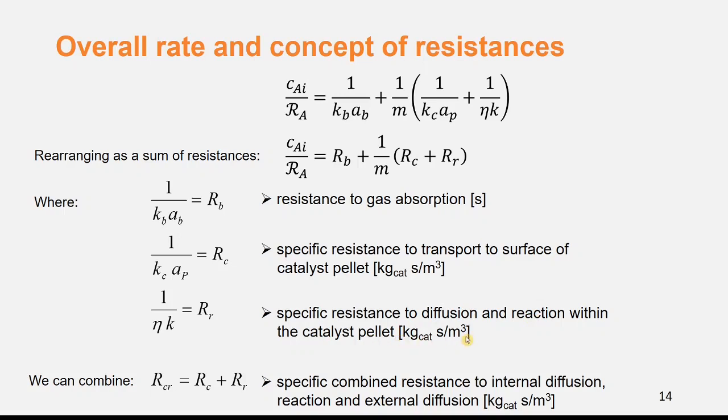And it has the same units as RC. We can also combine RC and RR to give a combined specific resistance to external diffusion, internal diffusion, and reaction. So we will denote this combined resistance as RCR.